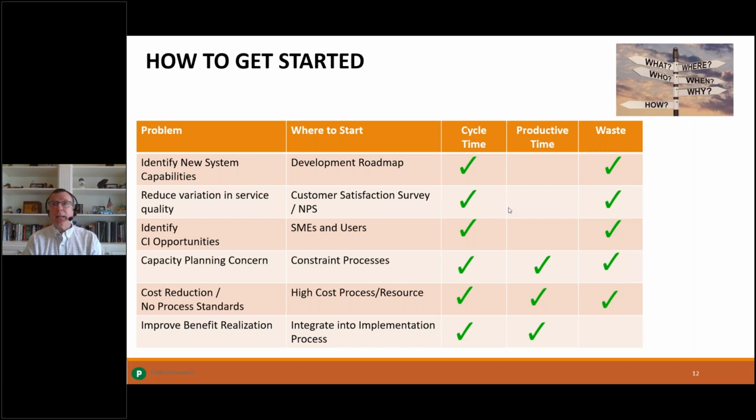The cycle time study not only identifies the cycle time, but at least the low-hanging, easily identified waste that you can get rid of. If you've got a capacity planning issue, again, I would start with the cycle time, but then I would move into a productive time study, because those capacity planners need to understand how what you're measuring compares to the variables that they use.